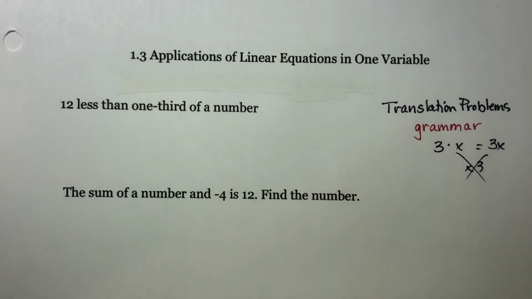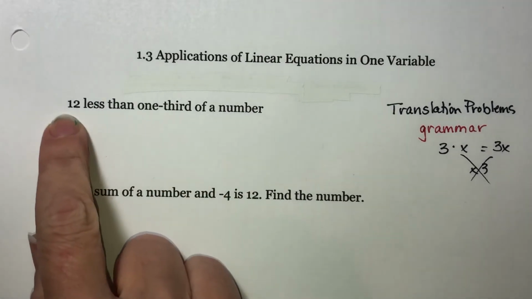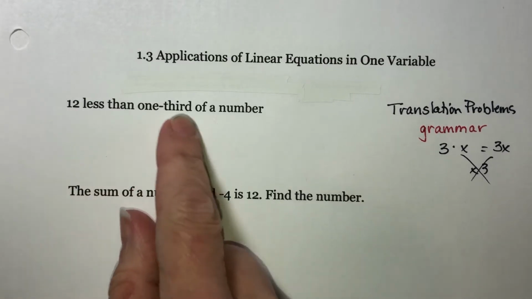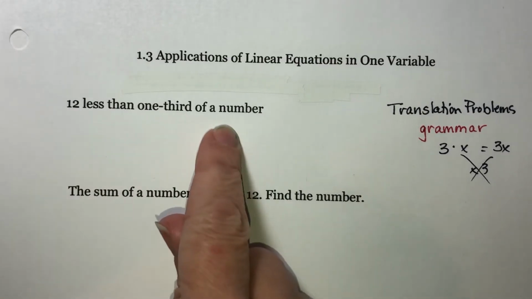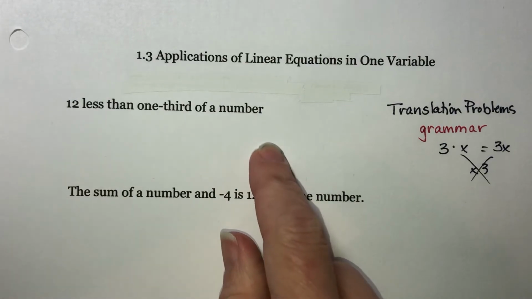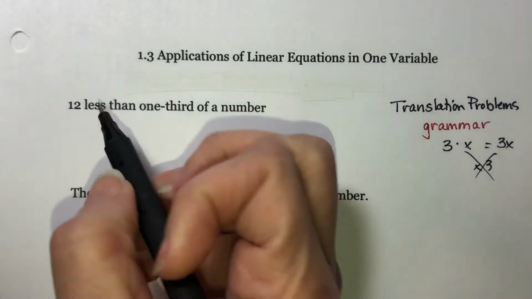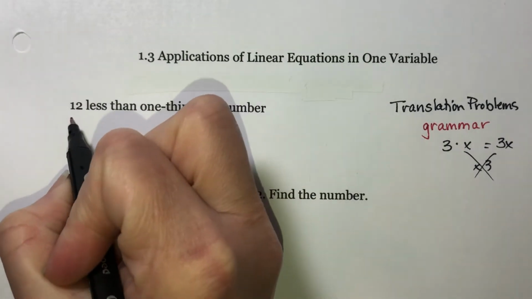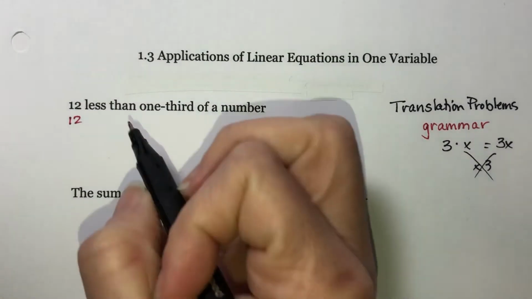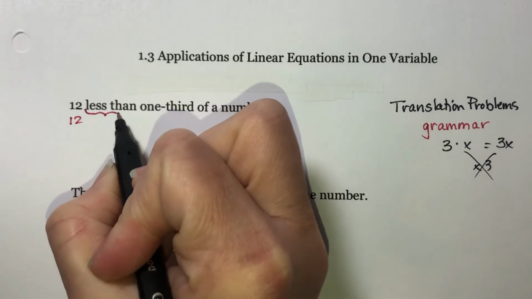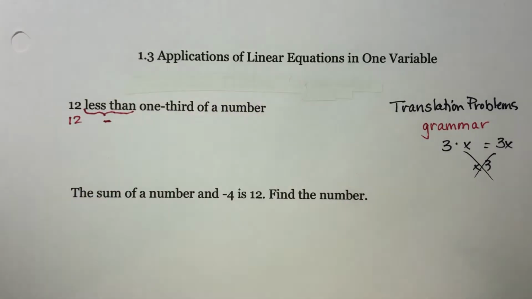Okay, so for this first problem, 12 less than 1/3 of a number. This is strictly a translation. We're not being asked to do anything with this. So I'm going to do a word for word. 12 is 12, obviously. Less than is a subtraction.